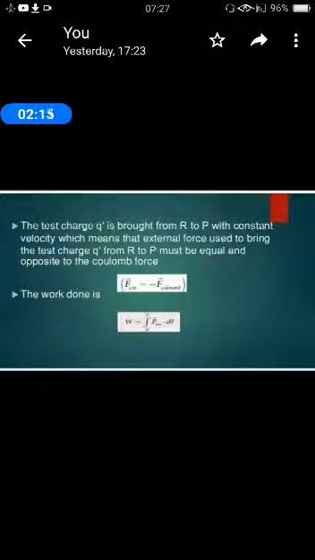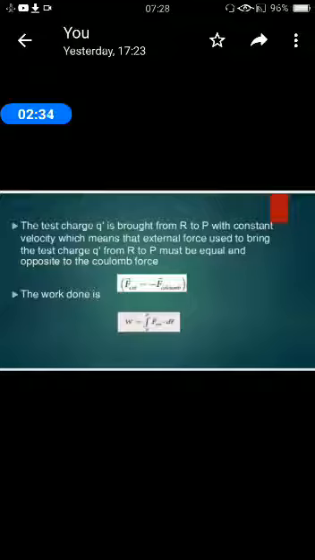So I can say the external force vector F external is equal to minus F Coulomb vector, since both are equal and opposite.